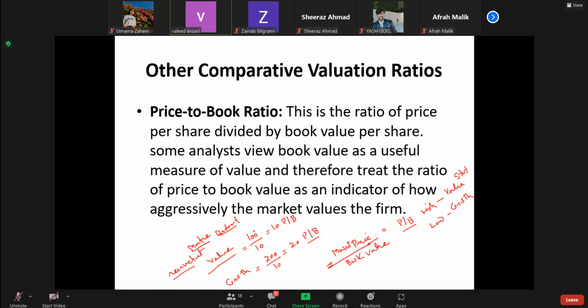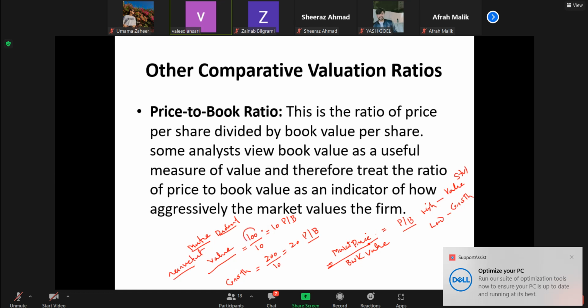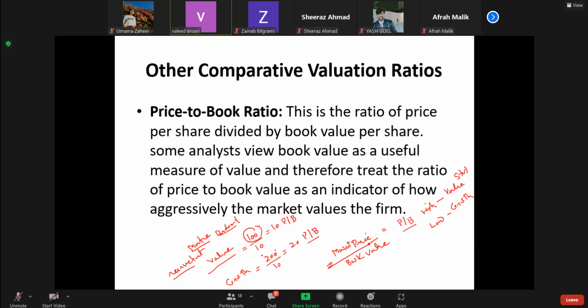That is why the market is not pricing them aggressively. Whereas these are growing companies and they have got high growth potential, therefore the market is valuing these companies aggressively, and that is why they have got high PB ratios.